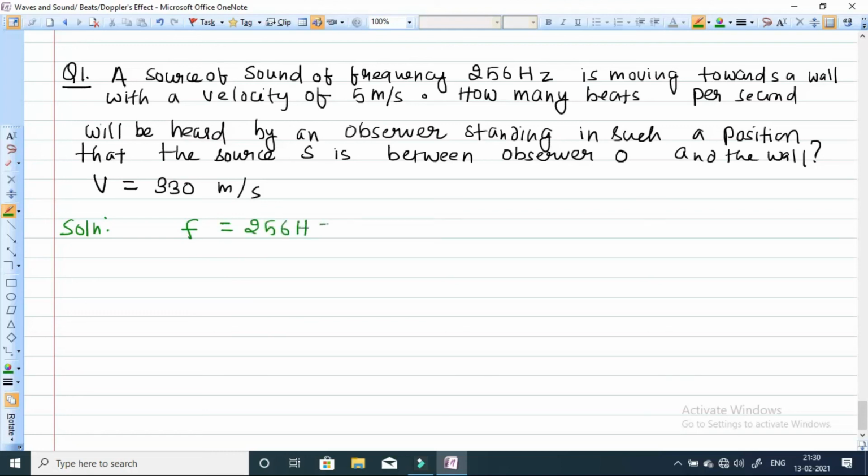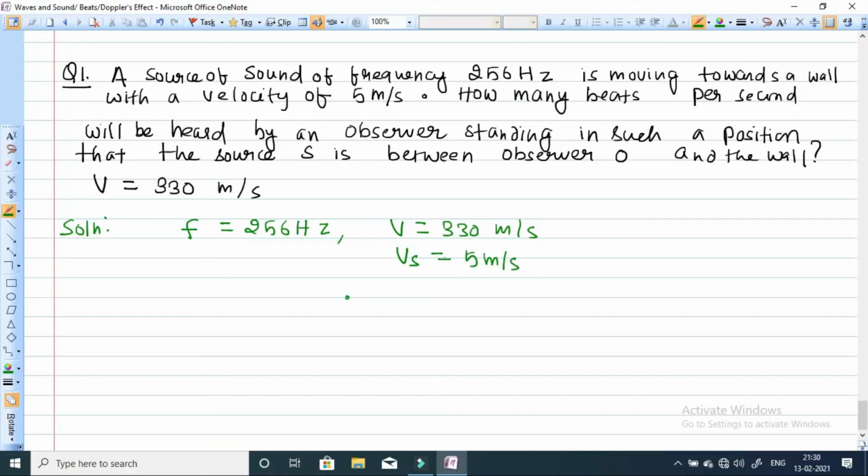Okay, one more thing is given, the speed of the sound, 330 meter per second. The source is moving towards a wall with a velocity of 5 meter per second. The speed of source is also given, 5 meter per second, and it is moving towards a stationary wall.